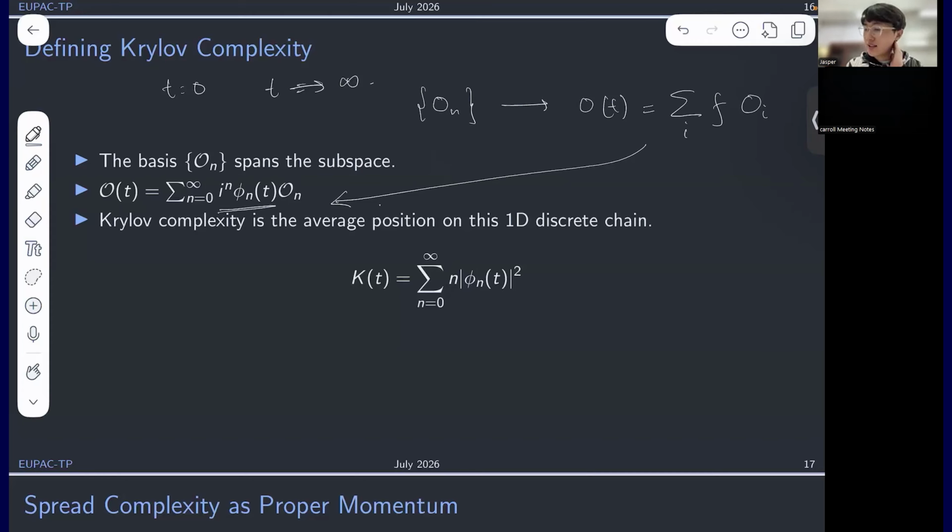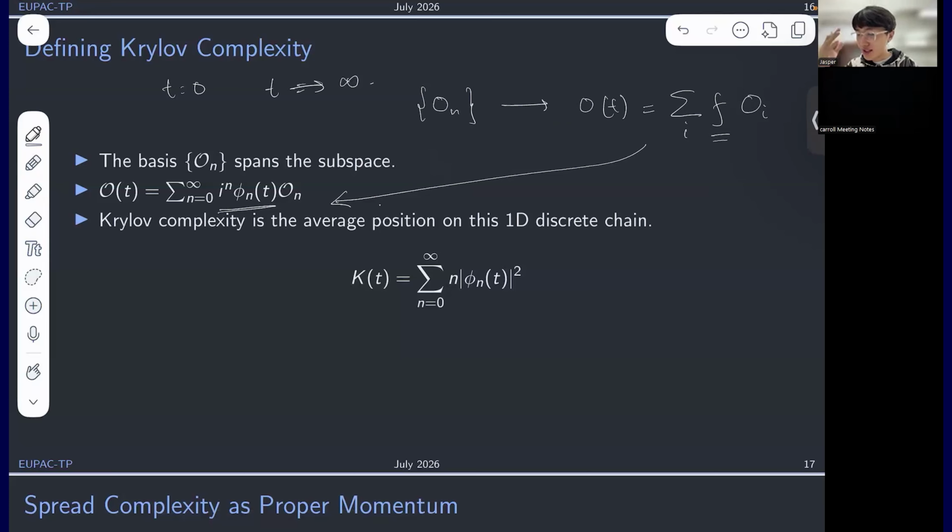And this function is the weight given to any specific basis element. The Krylov complexity is defined as the average weight of our weight function. So this is like the average position.